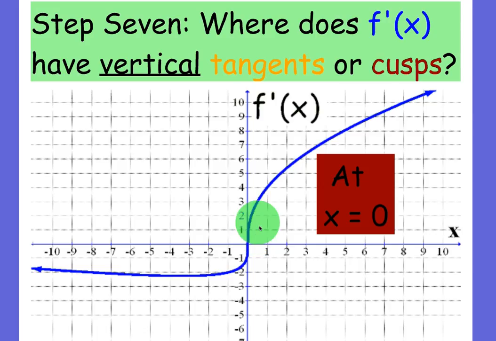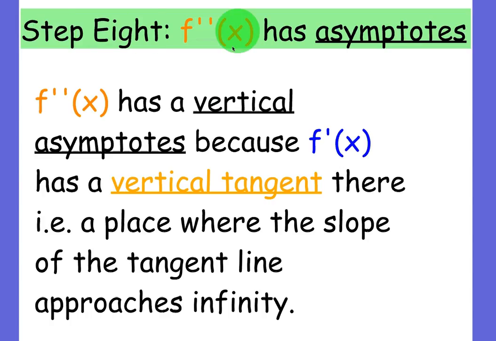So the y values of the second derivative graph will approach infinity, since they are the slopes. So we're going to have an asymptote right there. For step 8, f double prime of x has a vertical asymptote because f prime of x has a vertical tangent there, i.e. that's a place where the slope of the tangent line approaches infinity. So that's helpful.